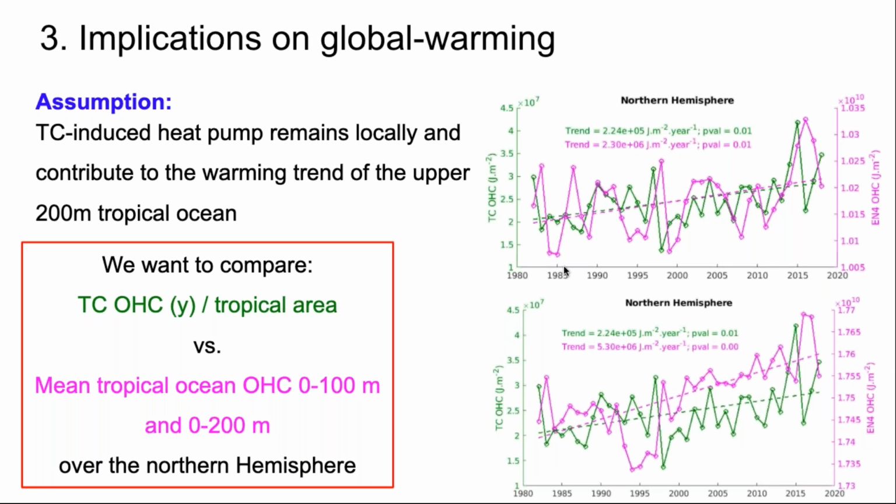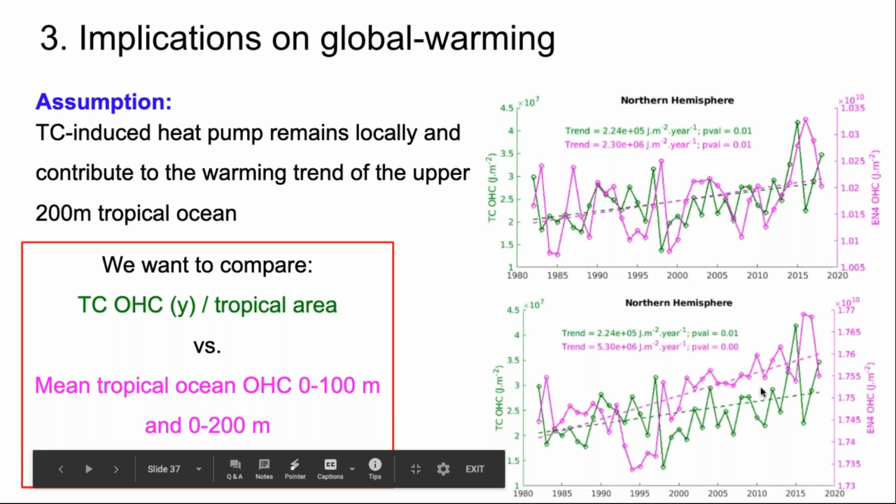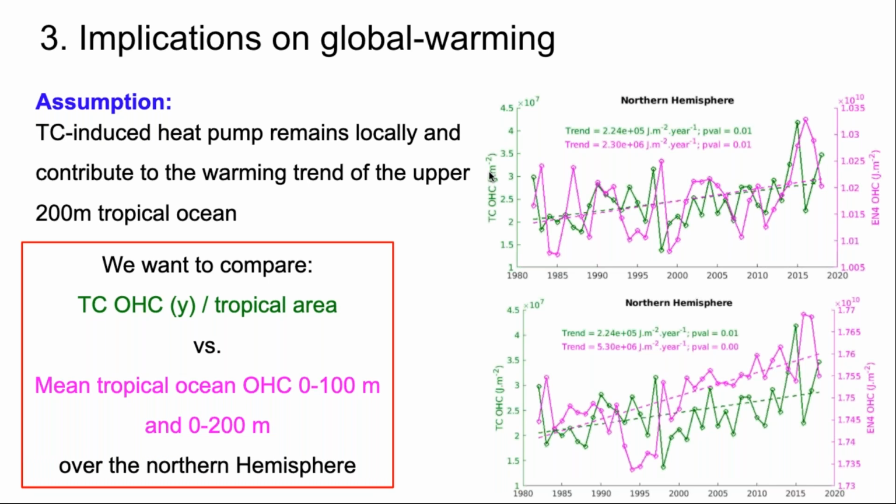And here's the result. So this is for 100 meters, and this is for 200 meters. The green lines show the TC-induced ocean heat pump, and the purple line shows the ocean heat content over the same area. So this is from EN4.